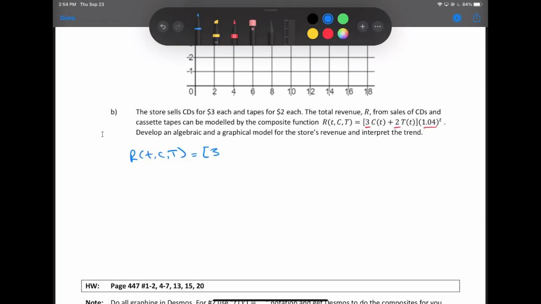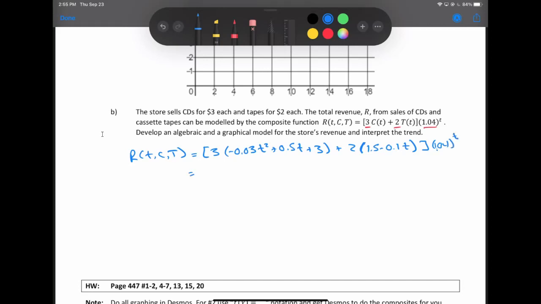But C at t is negative 0.03t squared plus 0.5t plus 3, and plus 2 times the tapes, which is 1.5 minus 0.1t, and then times 1.04 to the exponent t.